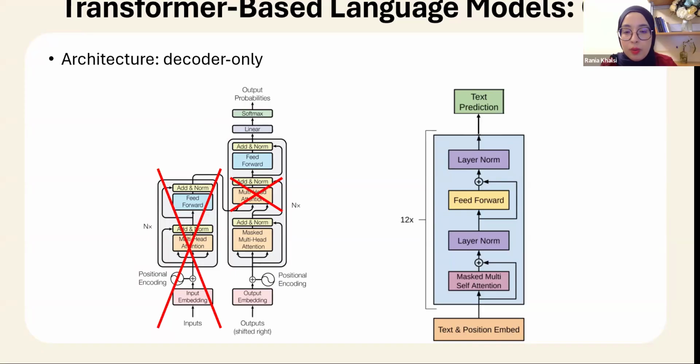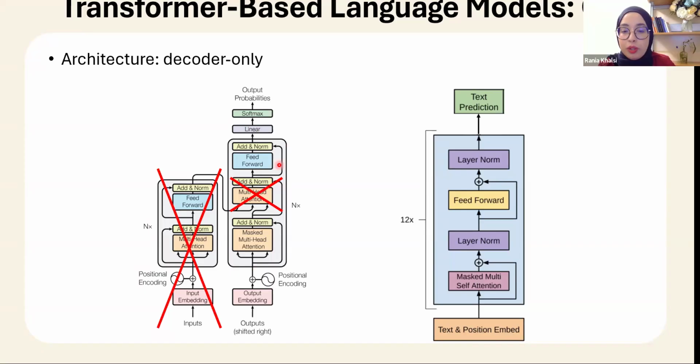I won't go into the internal detail here because this is a decoder block, and in the previous video we covered the decoder and how it works. So it's almost identical to what we have already covered.